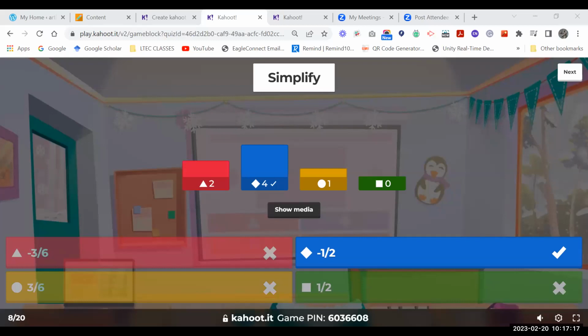To get a common denominator, what's the smallest number 3 and 6 both fit into? 6 has to be bigger than this one. So 6 does not fit into 3. What number do they both fit into?